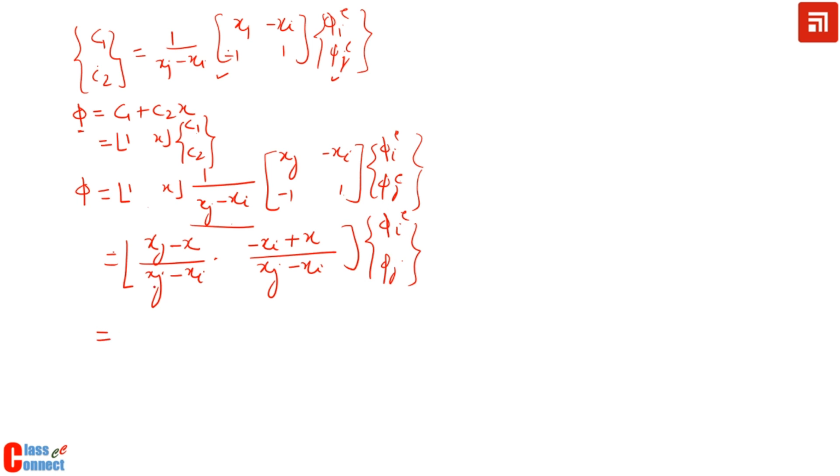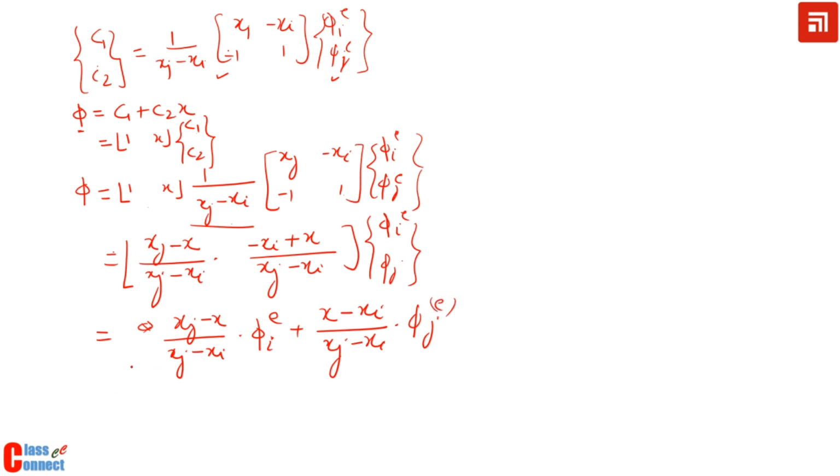Now I can open this further to simplify the equation in algebraic form. I get this as xj minus x divided by xj minus xi multiplied by phi i e plus, now let us rearrange this, x minus xi divided by xj minus xi multiplied by phi j e.